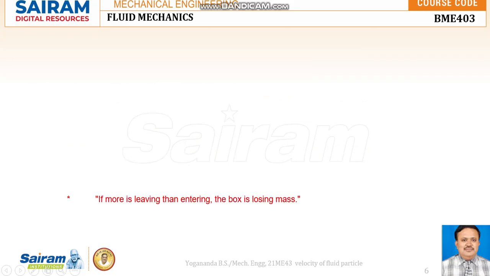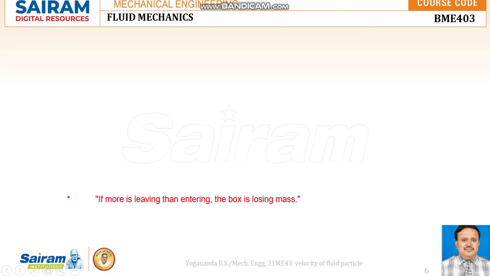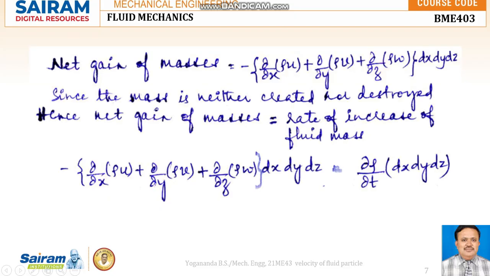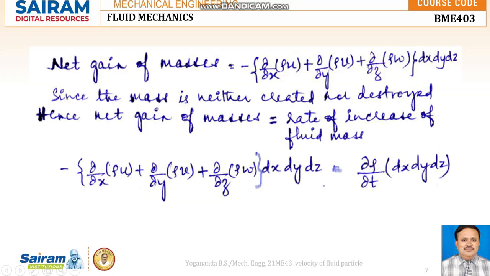So now the net gain of mass is del by del x of rho u plus del by del y of rho v plus del by del z of rho w. In all the three terms I have dx, dy, dz common, so that is taken outside.